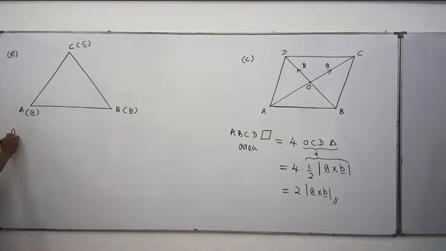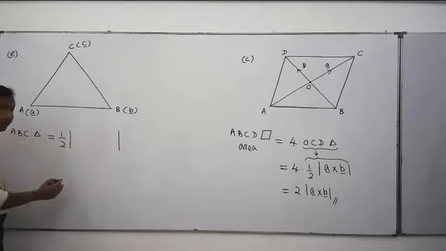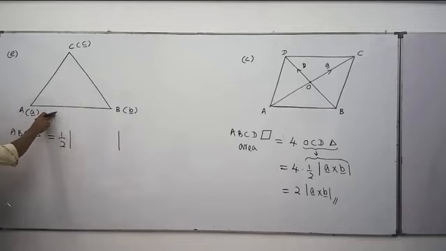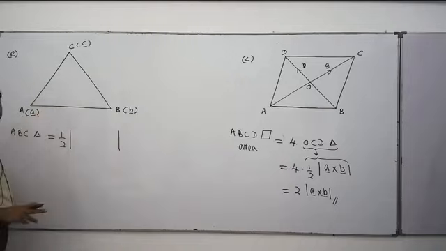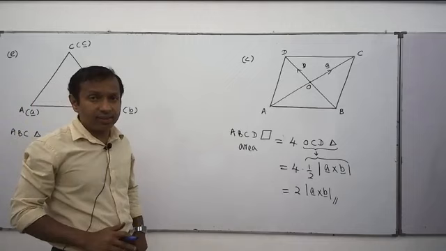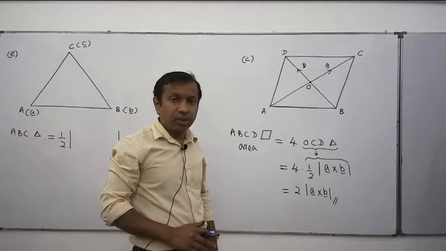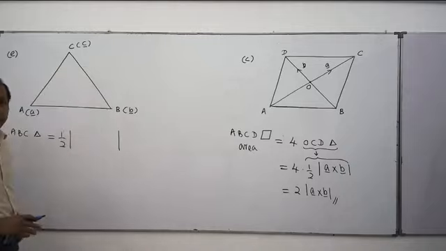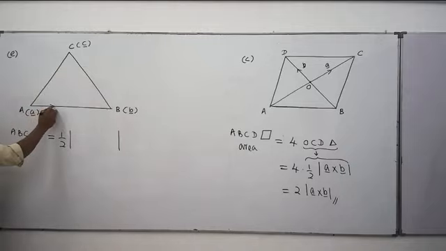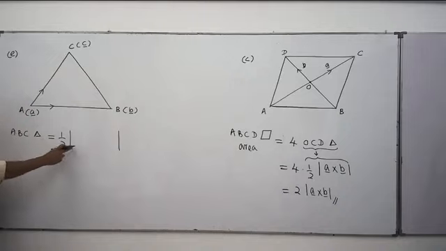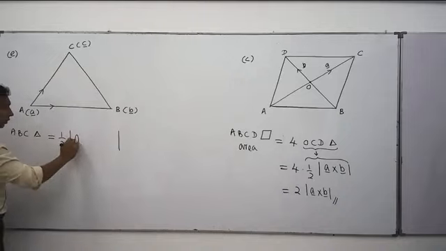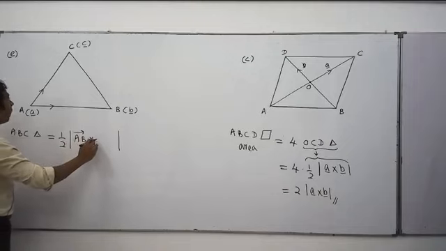How can you write the ABC triangle area? It is equal to half modulus of something. Take 2 sides of the triangle and get the vectors representing them. I take one side as AB, the other side as AC. Then the ABC triangle area is equal to half modulus AB vector cross AC vector.